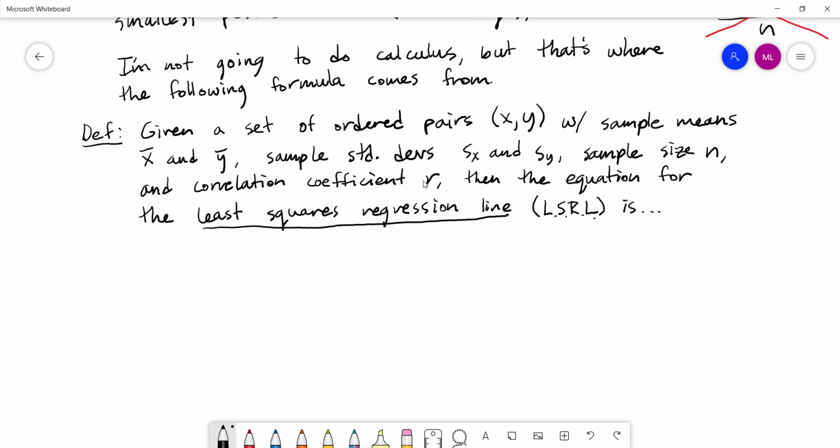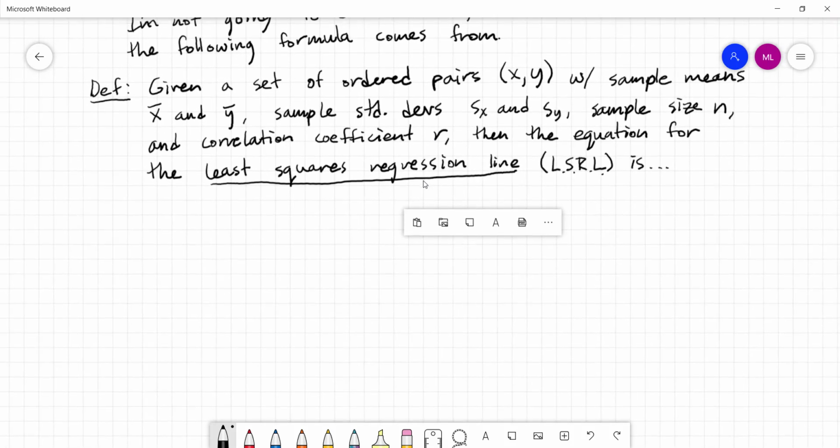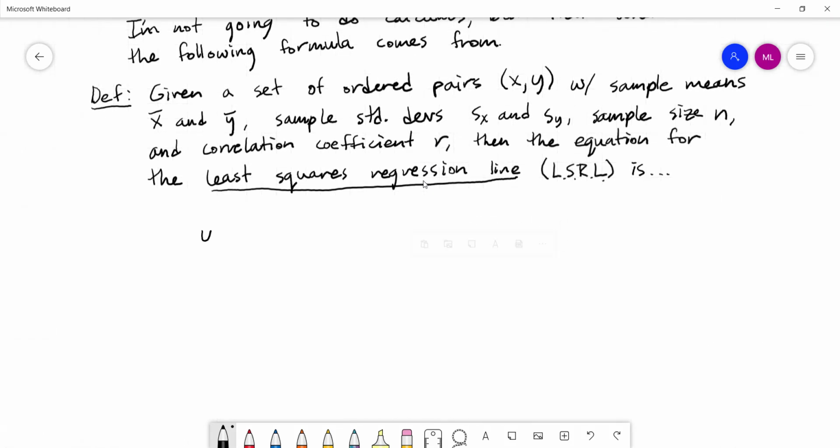It's the equation of a line, which means it's going to look kind of like y equals mx plus b, if you remember that. But ours is going to look slightly different. It's going to be b0 plus b1x. And instead of y, I'm going to put that little hat over it.